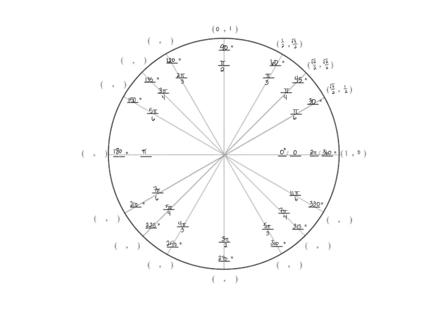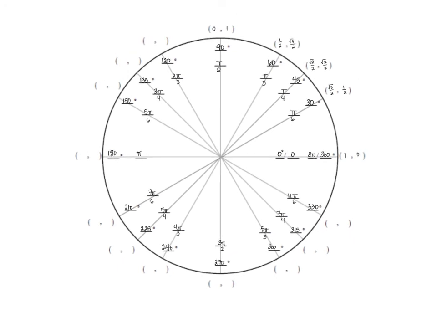So if I zoom on out, I know a couple things right off the bat. I have 1, 0, 0, 1, negative 1, 0, and 0, negative 1. Pardon me. If I am looking at, say, my 30-degree triangles, I can flip that straight across.